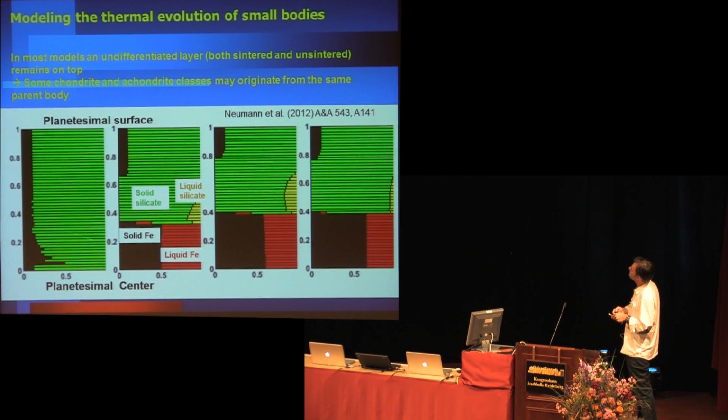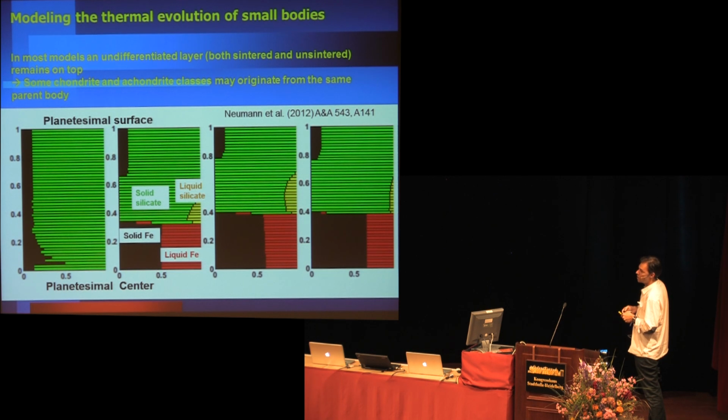And these are the fractions of solid iron, solid silicate, and liquid silicate. Now, there are cases, of course, in which you get only partial differentiation, some enrichment of iron towards core. There are other cases in which you get a more or less completely segregated core.